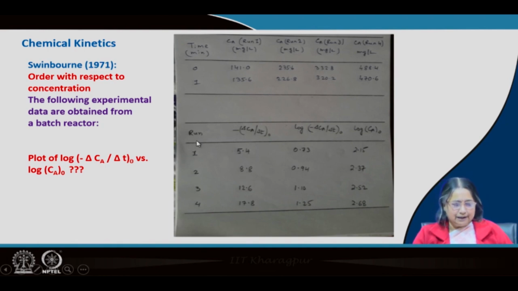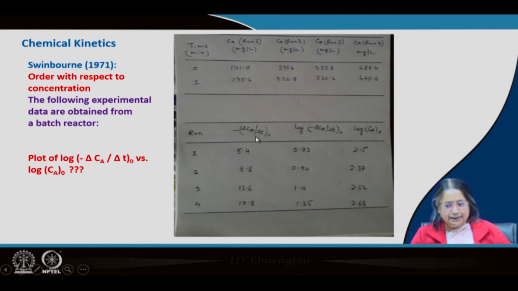You put it in a table, with the first run, second run, third run and fourth run, and then the calculated values. The difference delta C, with delta T equal to 1, is 5.4 here, in this case 8.8, in this case 12.6, and 17.8 here.